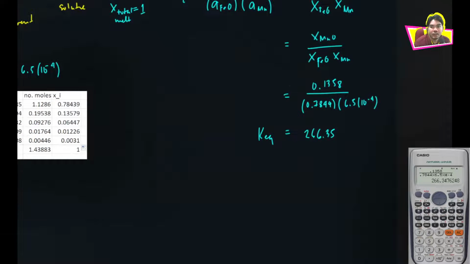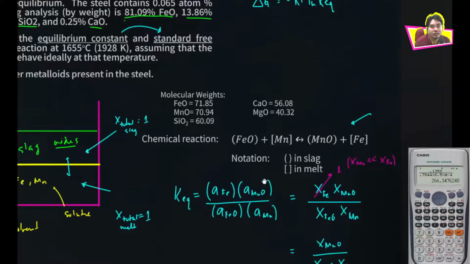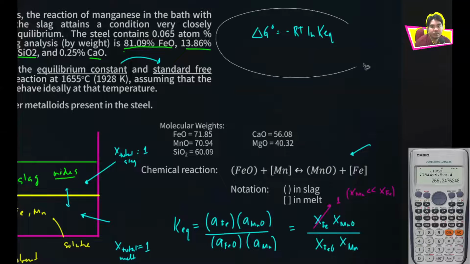Ito yung KEQ na natin. Tapos, kailangan na lang natin is yung delta G, no? So, delta G is equal to, and copy na dito. Nilagay ko.